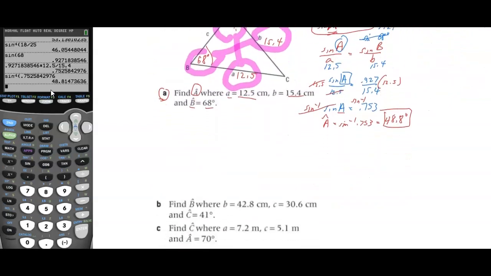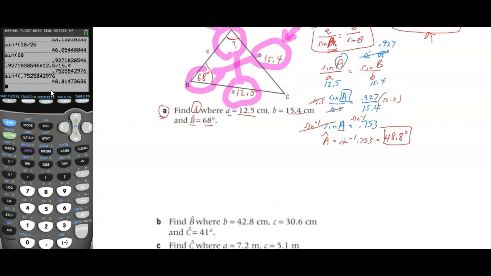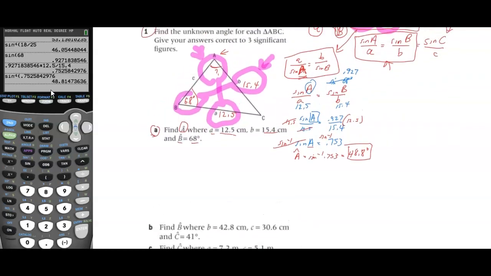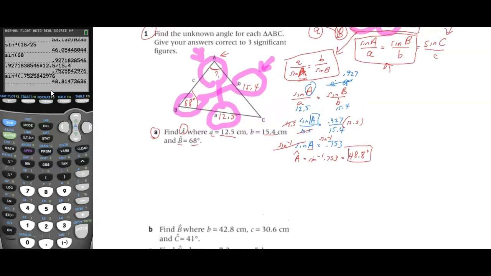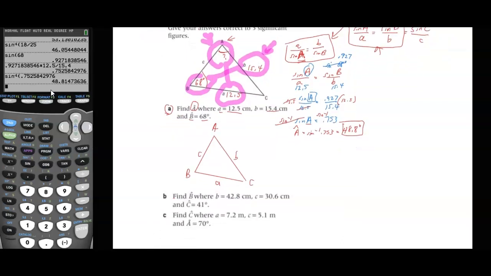Part B. Find angle B where, and then they give us the side lengths of b and c and angle C. We're going to draw a similar picture to the one they gave us. And this will be A, and this will be C, and this will be B, and this will be little b, and this will be little a and little c, always across from its big brother.